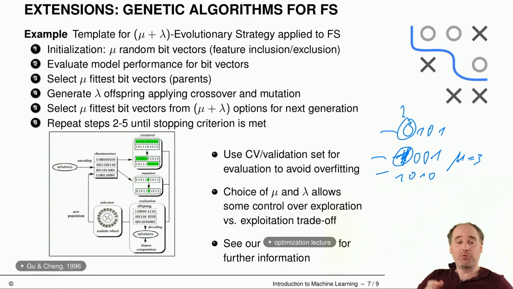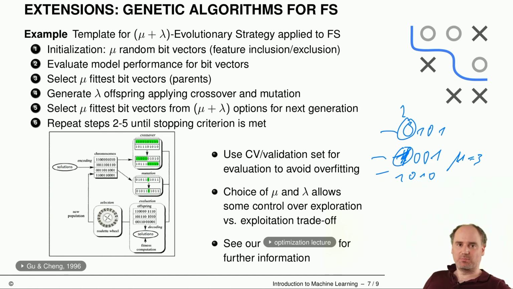Now we have the mu plus lambda elements, and we evaluate the offspring. From the mu plus lambda options, so from our previous population and our current lambda offspring, we just boil it down to the best mu elements. The best elements from the mu plus lambda survive.